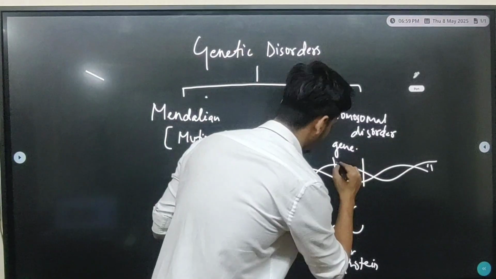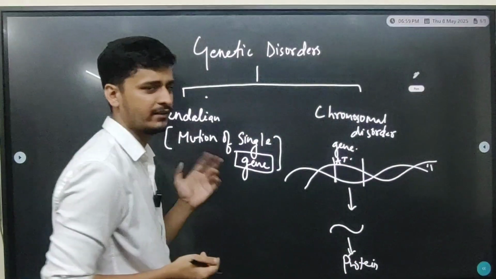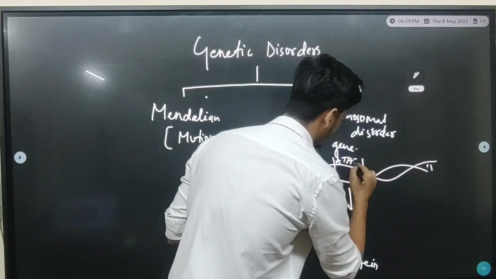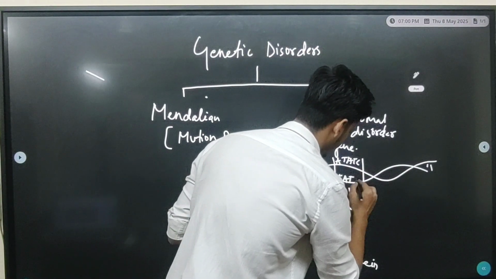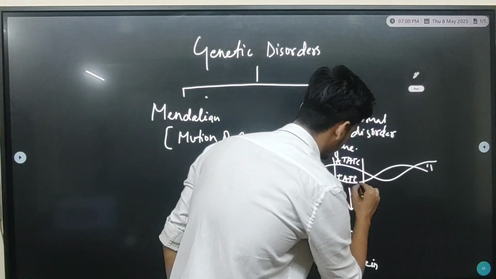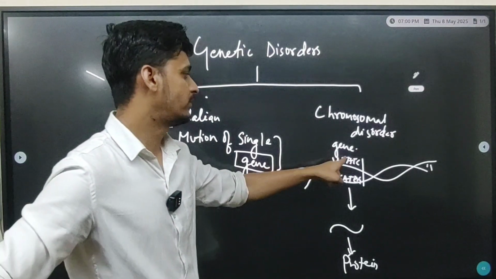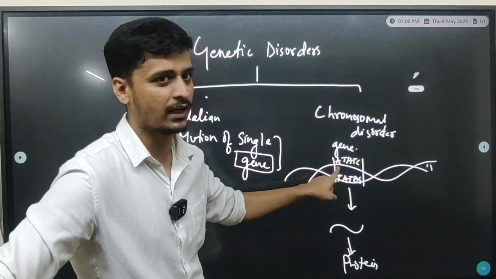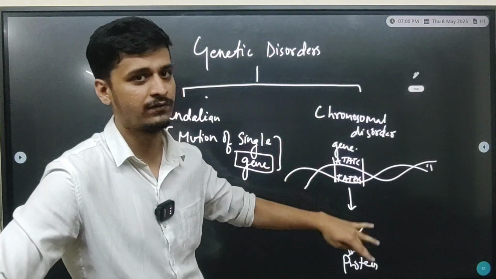In genes, the four nucleotides A, T, C, G are present, and the complementary nucleotides are present on the other strand. Whenever there is a mutation in any of these nucleotides, it can be a point mutation or a frame shift mutation.